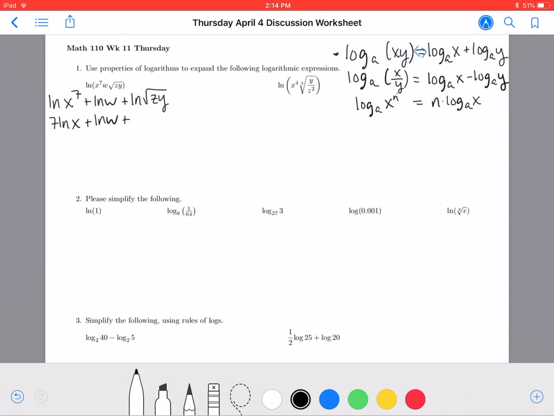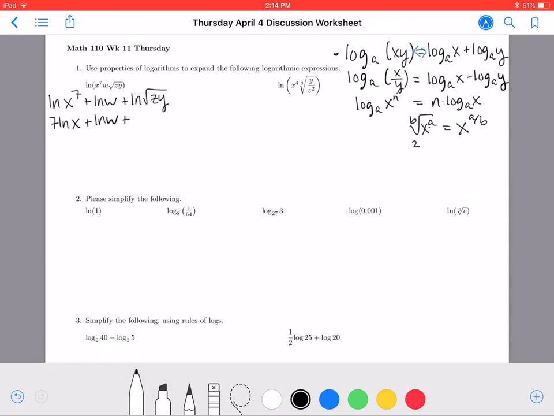And this last one, I'm going to expand it by first rewriting the square root as an exponent. This isn't a log property, but it's so good to know. If you have a value under a root, and it doesn't matter what the root is, let's call it root b, I can rewrite it as an exponent by taking the power that's under the root divided by the actual root itself.